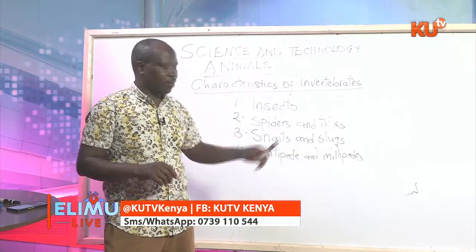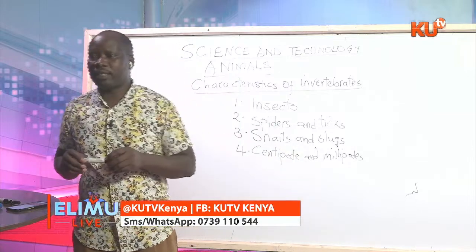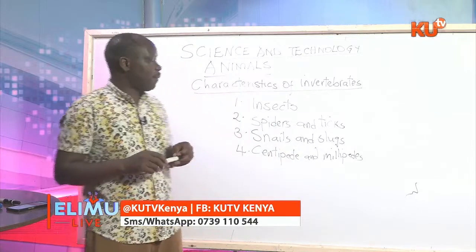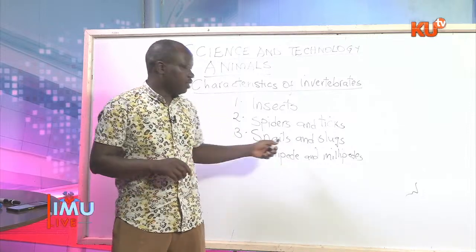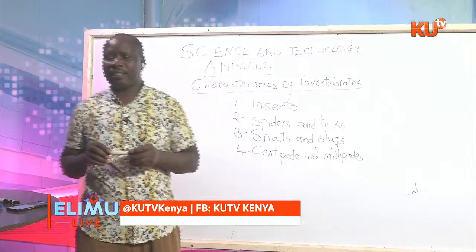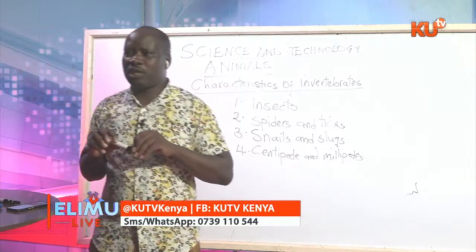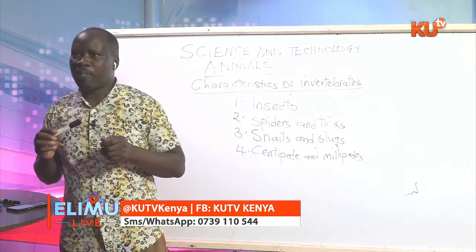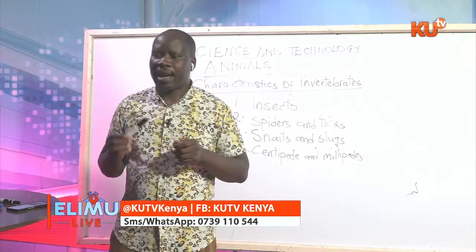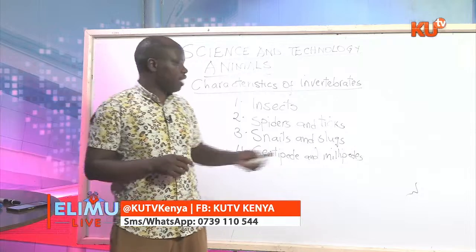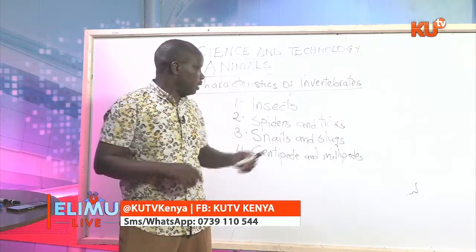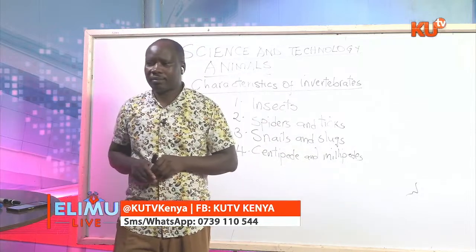After finishing that one, we move straight to group number 3, which is snails and slugs. Why can't we group snails and slugs in the same category as spiders or insects?